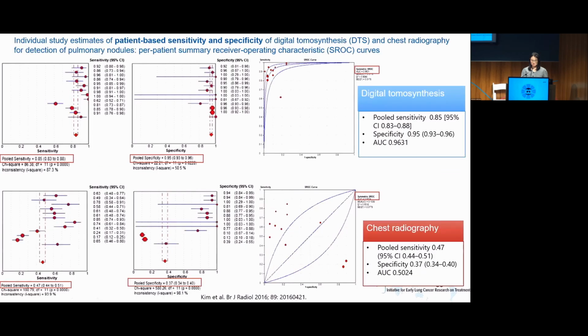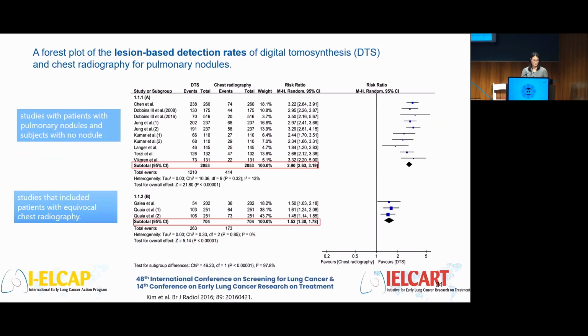Here is a systematic review and meta-analysis of 16 studies comparing digital tomosynthesis and chest radiography. It shows much superior sensitivity and specificity of digital tomosynthesis than chest radiography, with a sensitivity of 0.85 and specificity of 0.95, while chest X-ray only 0.47 sensitivity and 0.37 specificity.